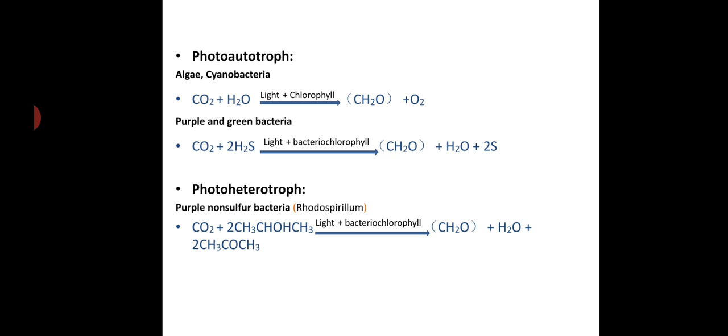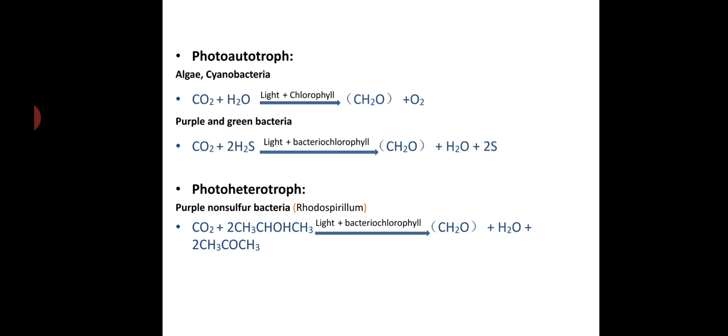And organisms like photoautotrophs, like cyanobacteria and algae, react with carbon dioxide plus hydrogen, the source of which is water. In presence of light and chlorophyll, they synthesize carbohydrate, releasing oxygen.